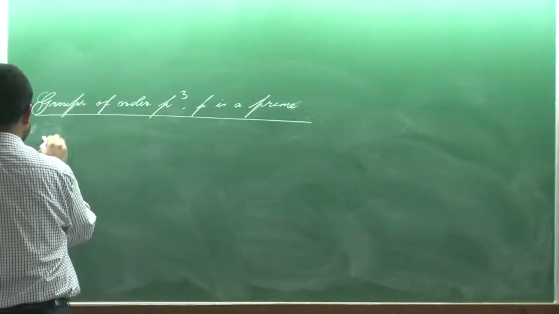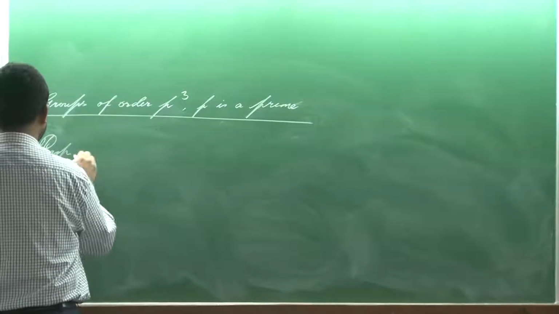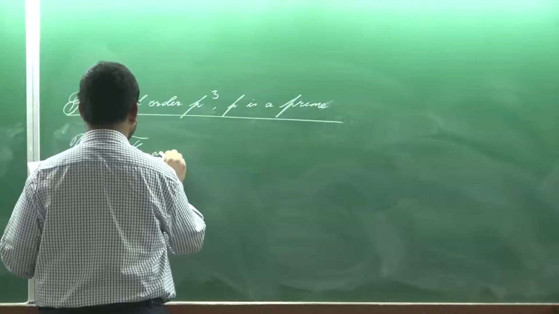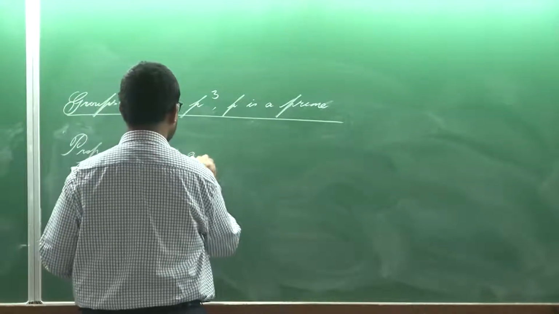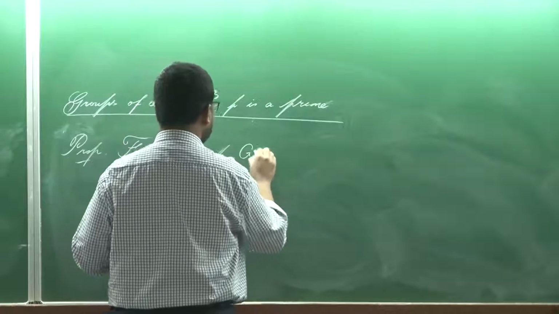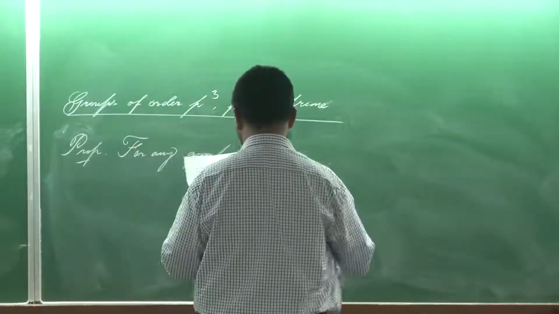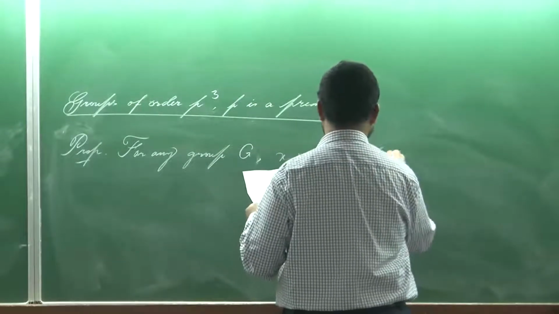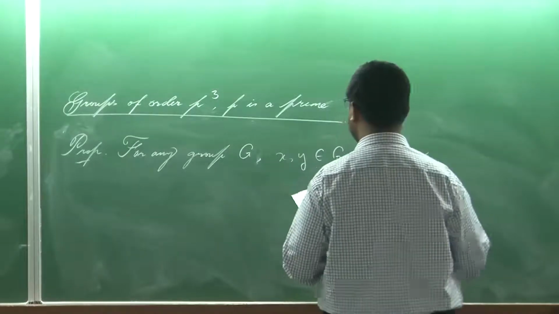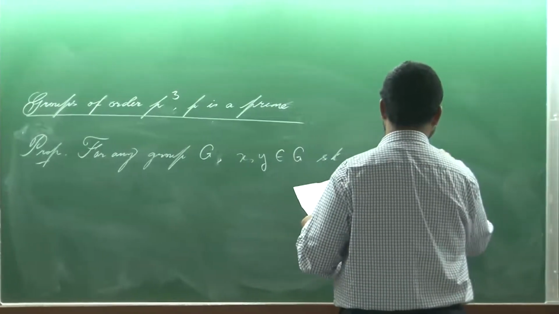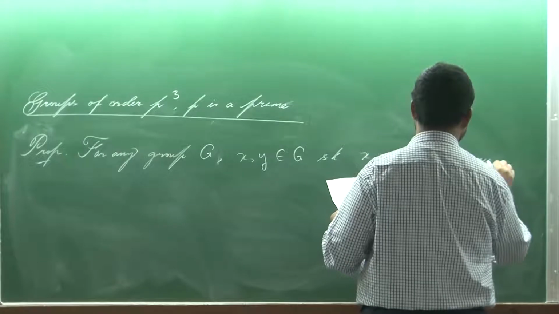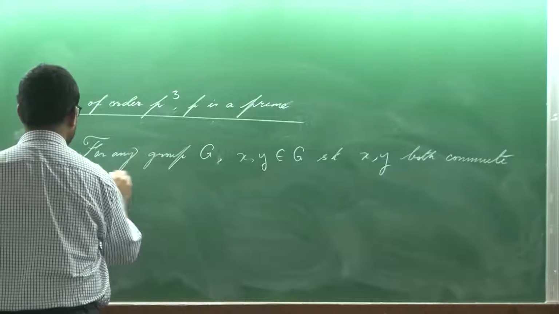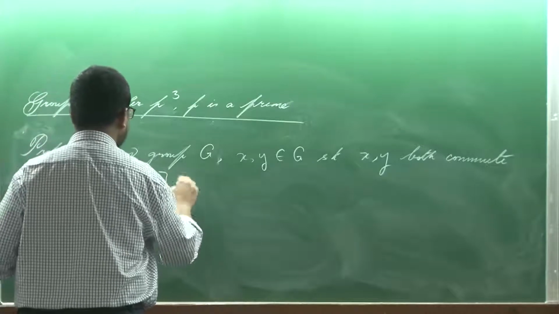So let me record it as a proposition for any group G, not necessarily a P group. This part holds for any group G, and x, y in G with the property that x and y both commute with the commutator of x and y.